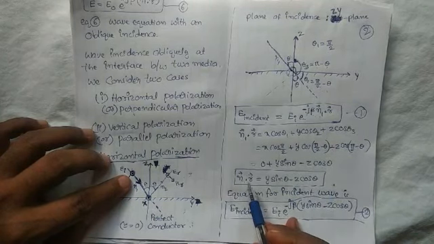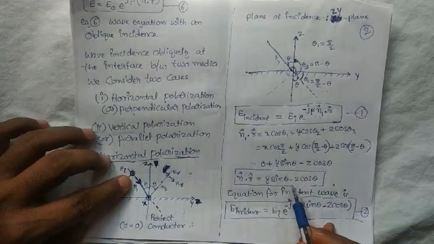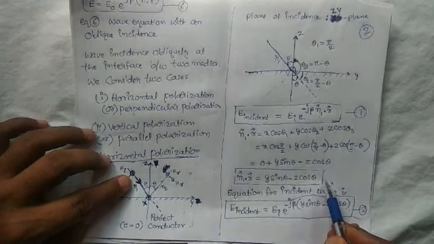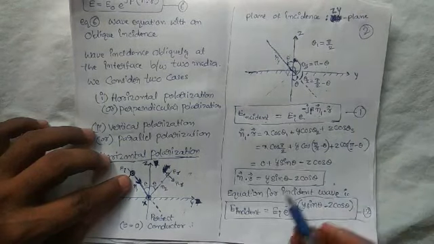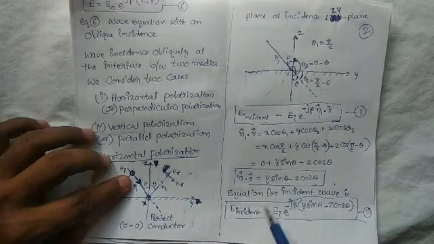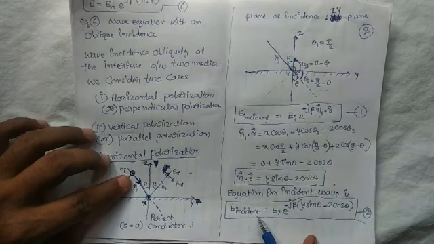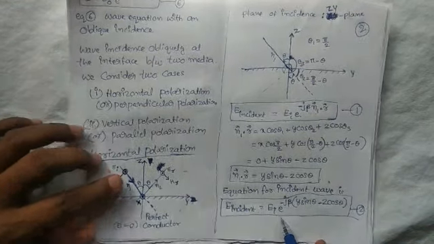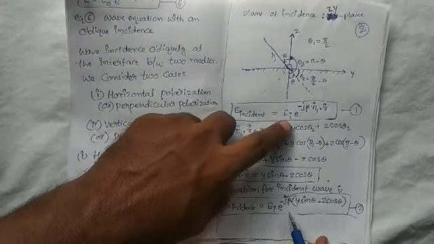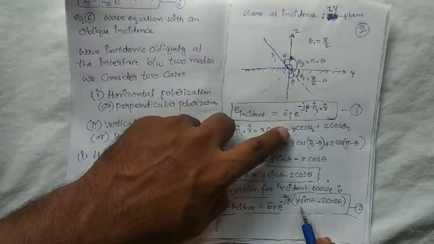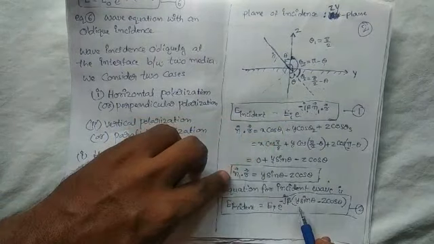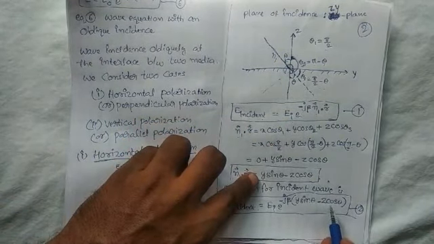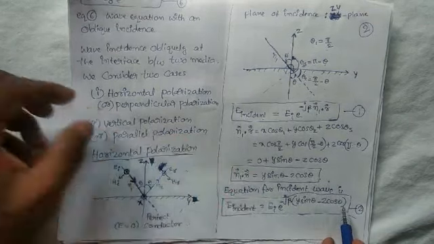Here n1 dot r is equal to y sin theta minus z cos theta. Substituting this in equation 1, the incident wave equation is E incident equal to Ei into e power minus j beta of y sin theta minus z cos theta.